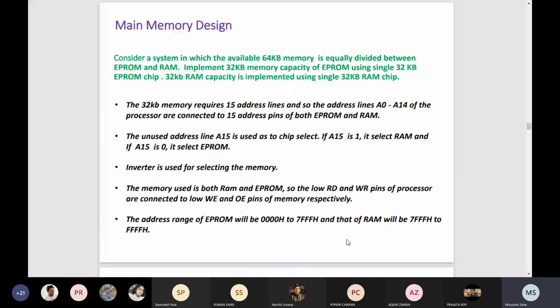Now I have taken one example here. Consider a system in which the available ICs are these two. We actually want 64 KB, but we have these two ICs. With the help of these two ICs, we want to design a 64 KB memory. Now for the design, we should go step by step.